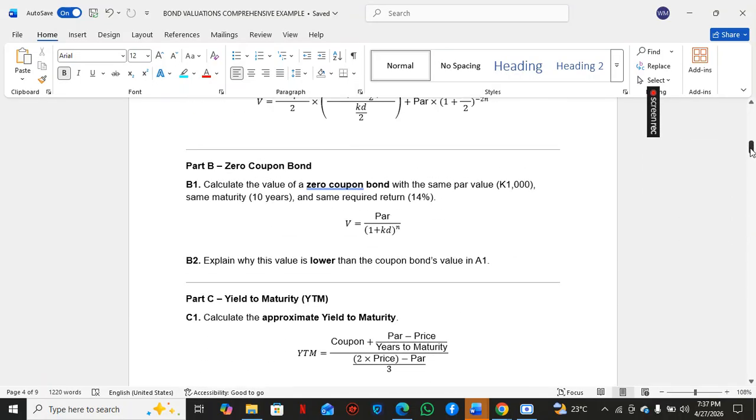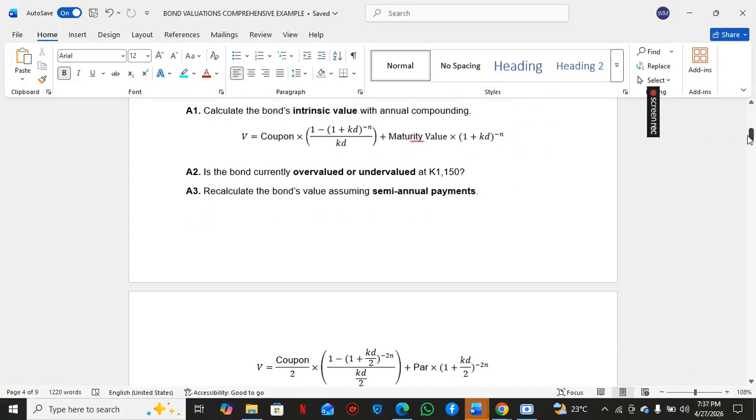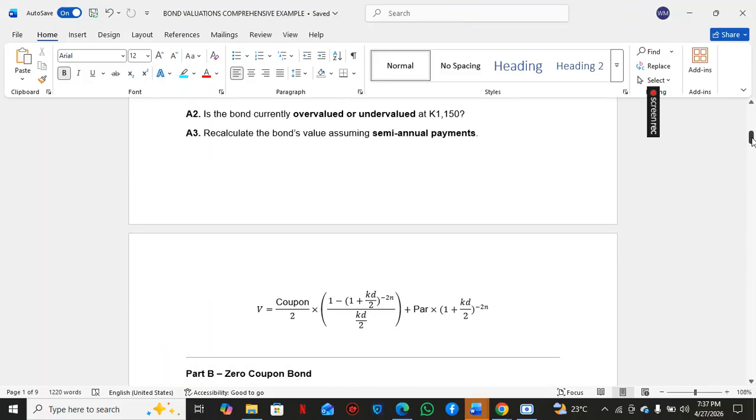The next part of the question is this. We calculate the bond's value assuming semi-annual payments. Semi-annual payments means in a year you're paid two times: the first payment after the first 6 months, the second payment after the next 6 months.